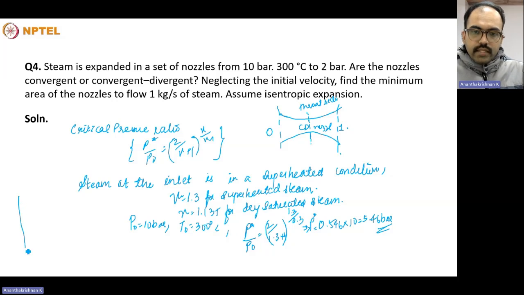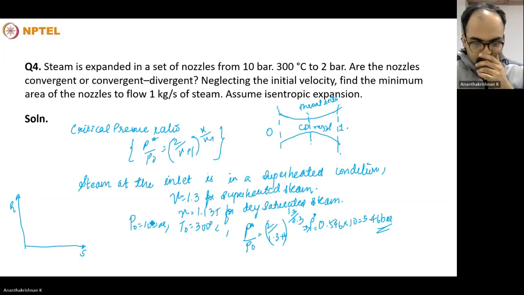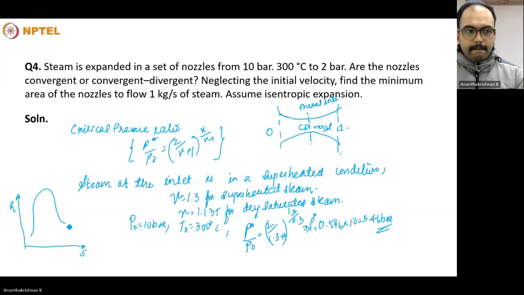If we try to plot that on an HS diagram, we have the points 0, the intermediate point star, and the exit 1.